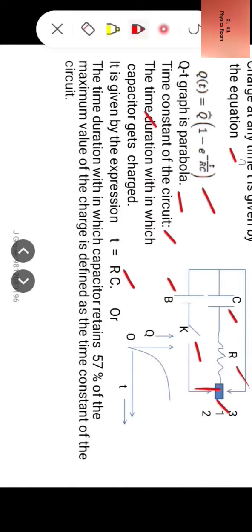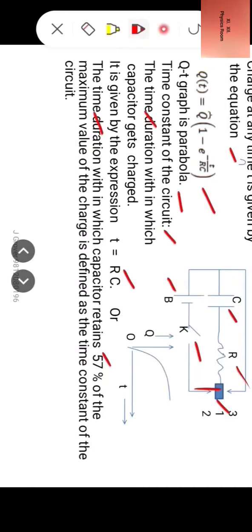Now another way of defining time constant is like this. The time duration within which the capacitor attains 57% of the maximum value of the charge is defined as the time constant of the circuit.